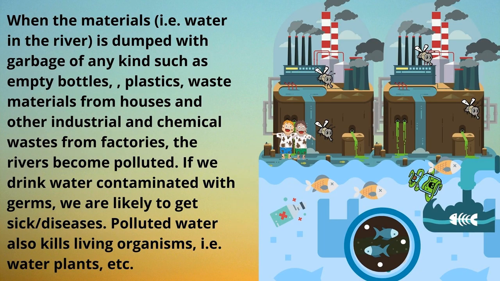Next, how about in water? What will happen if we dump garbage into the water and the water became polluted? So, yung empty bottles, empty plastic, waste materials from the house, industrials, and chemical waste from factories will flow into the river and become polluted. So, what will happen to us?